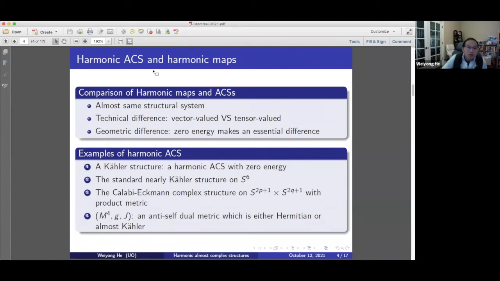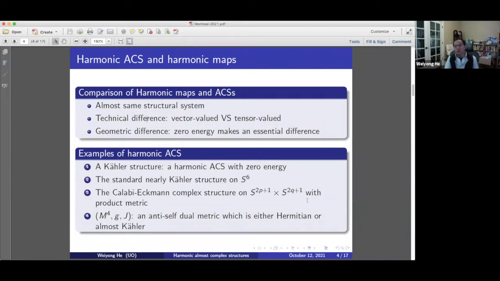So the harmonic almost complex structure in that setting is really just the harmonic maps from R4 to S2, or T4 to S2. In general, there is a technical difference. This equation is about tensors or matrices, but the harmonic map is about vector valued functions. So they have quite a big technical difference because matrix multiplication is not commutative.